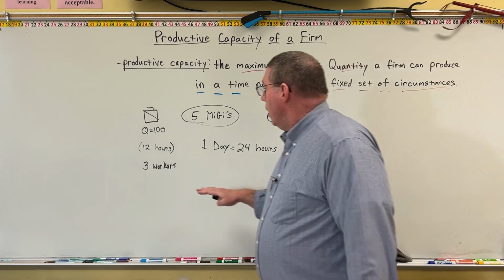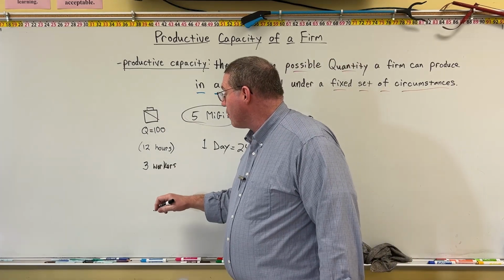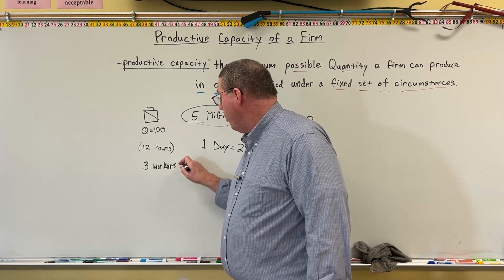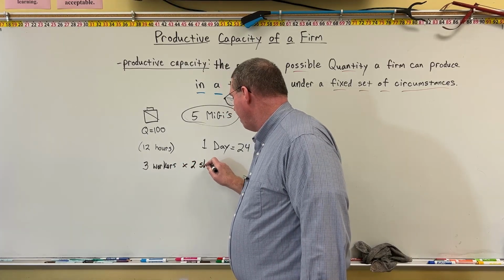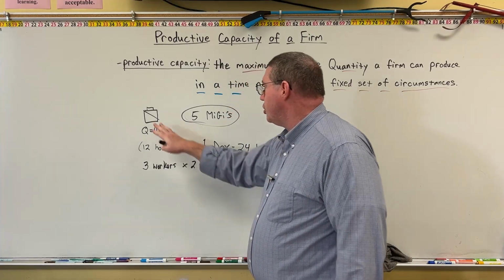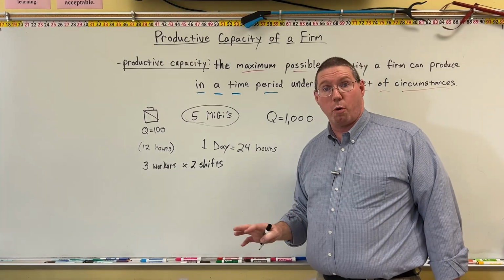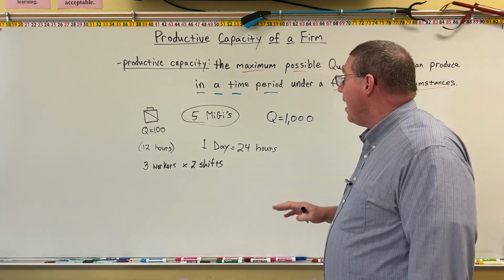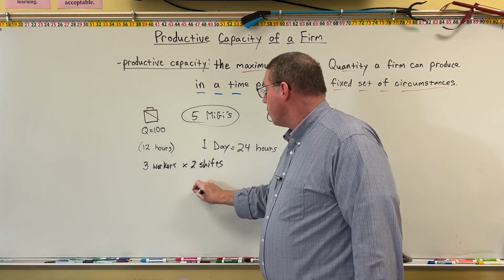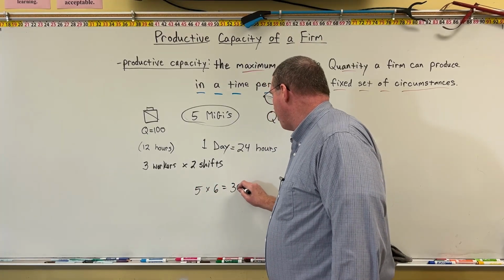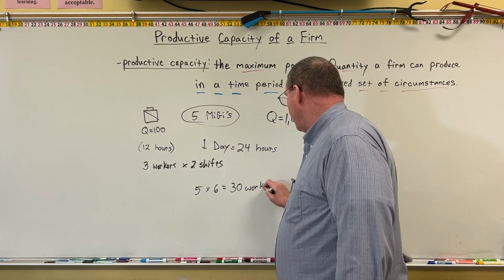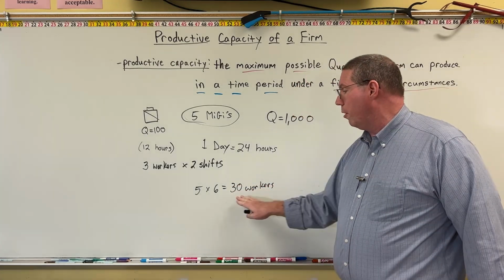And so each machine can actually have 6 workers because we have 3 workers times 2 shifts. All right, so each machine can have 6 workers working on it in 24 hours, and they have 5 machines. So 5 machines times 6 workers means 30 workers. So UGI Corp can employ 30 workers.